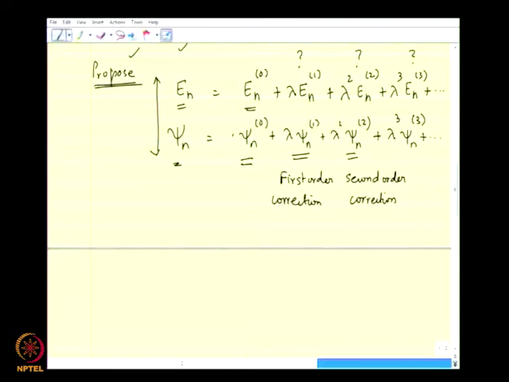I will probably give it as an assignment. Obtain possibly psi n1. We may not even need to do psi n2. So you see that I would only explain the method to determine the first few terms, and then of course you can carry out the analysis yourself for other terms.